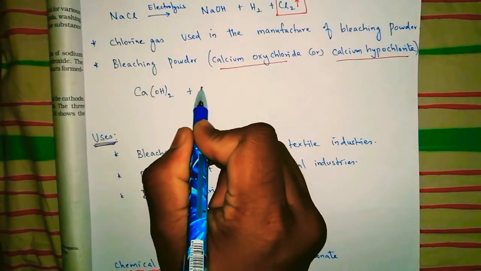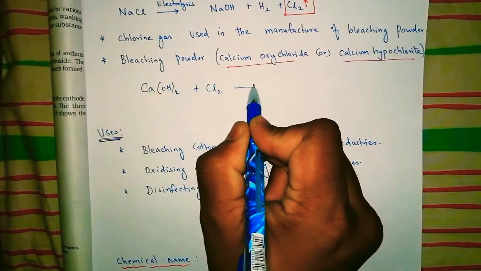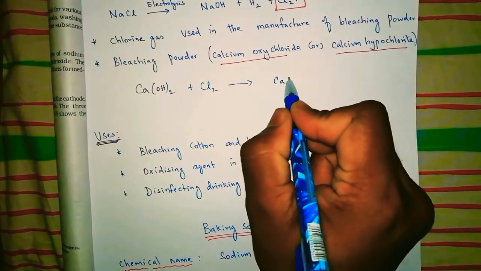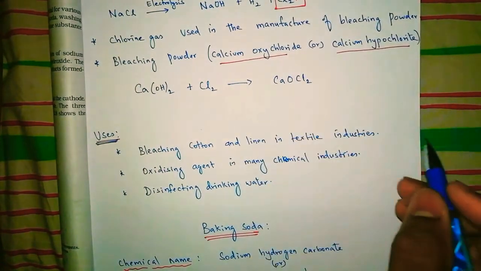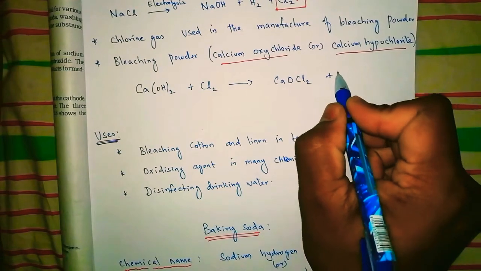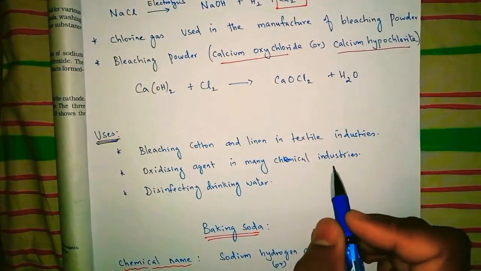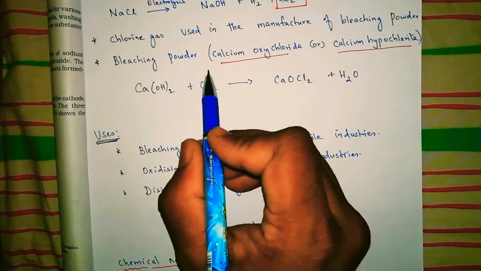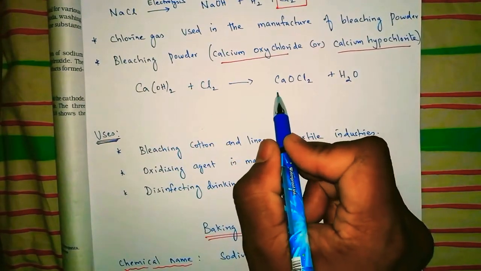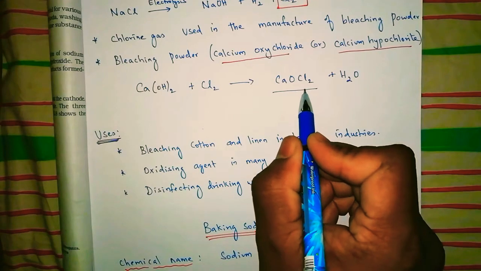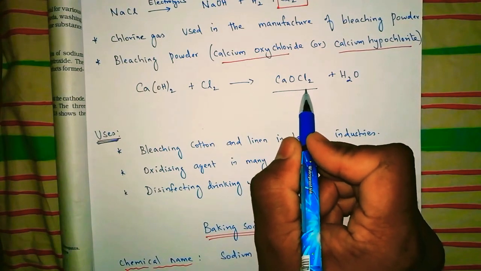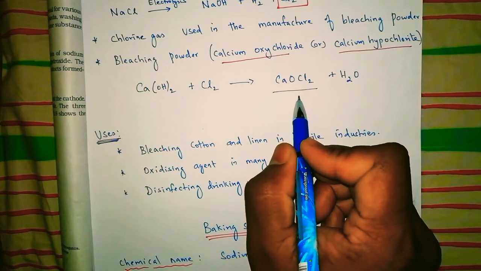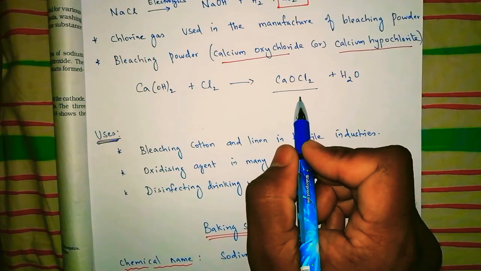On passing chlorine over slaked lime, we get calcium oxychloride plus a water molecule. Okay, this is how bleaching powder is prepared, and the chemical formula of bleaching powder is CaOCl2. This is calcium oxychloride, in other words calcium hypochlorite.